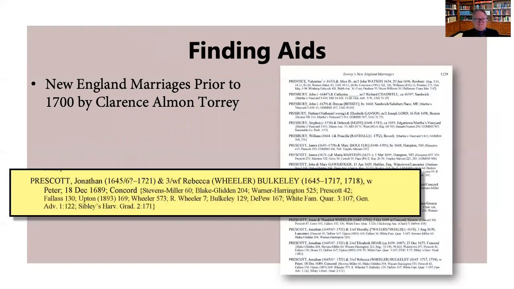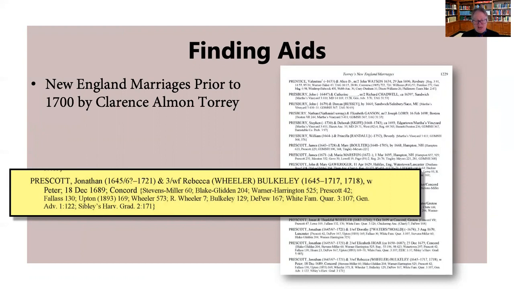Let's talk a little bit about finding aids. One of the best finding aids for maiden names is New England Marriages Prior to 1700 by Clarence Almond Torrey. So if you have 17th century ancestors in New England, this will be a godsend. Mr. Torrey spent decades researching early New England families and was able to find out about 80% of the maiden names.